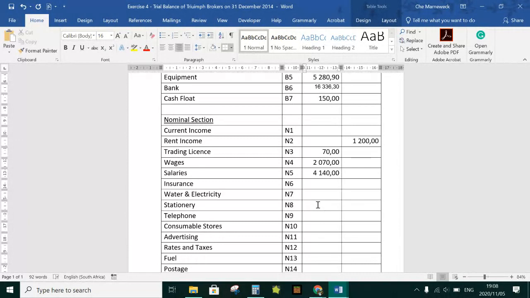And we have insurance 211.20. Water and electricity is 684.00. Stationery 482.30.